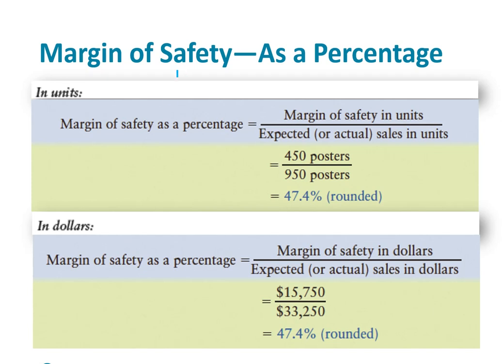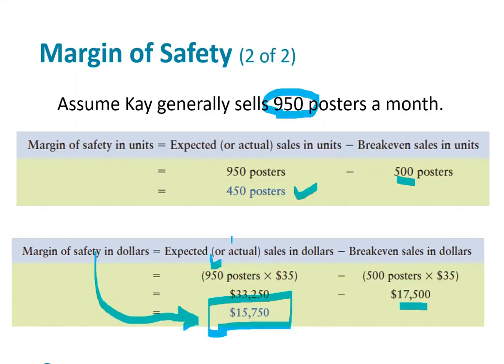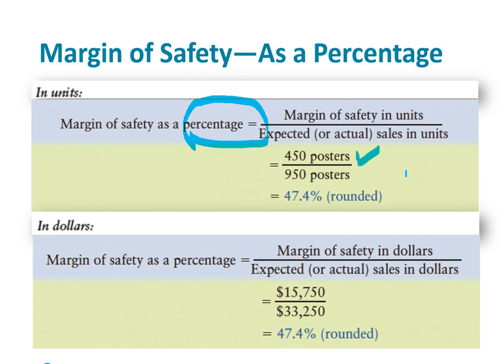Now you can also do margin of safety as a percentage. Okay, and that's just taking whatever the margin of safety in units was, which we calculated back here in the previous slide, divided by the actual or the expected number of sales, and this gives us our margin of safety as a percentage.